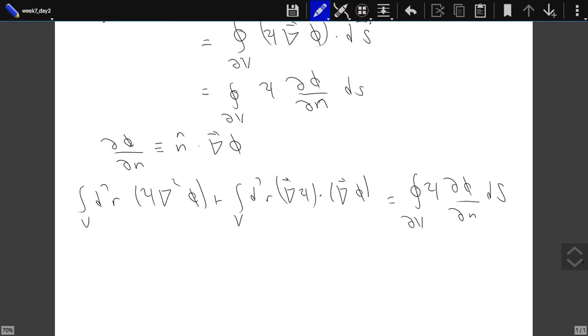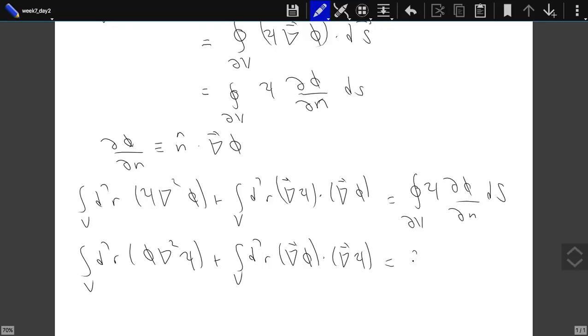Well, we can just exchange psi and phi. It should also be true that the integral of phi Laplacian of psi, plus over the volume gradient of phi gradient of psi, should be equal to, again over this boundary, phi derivative of psi with respect to n. This should also be true.